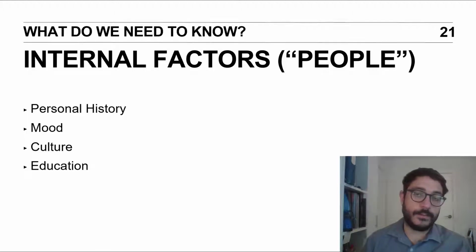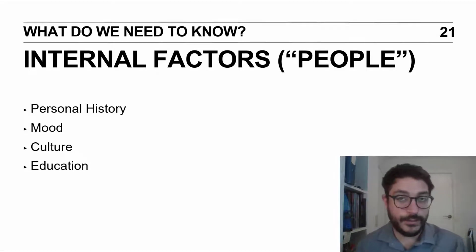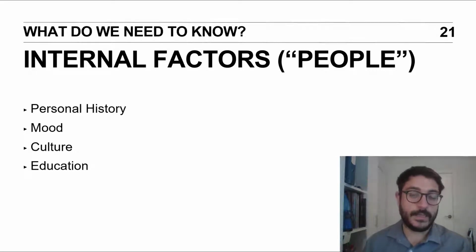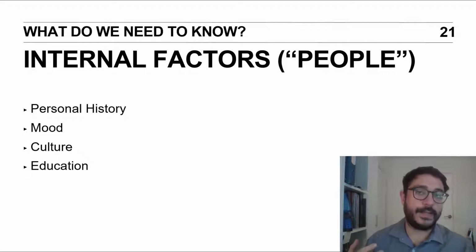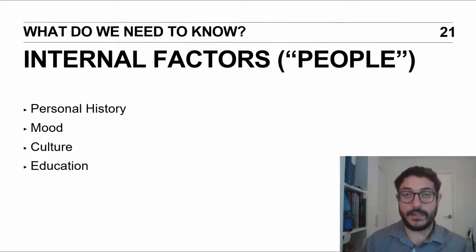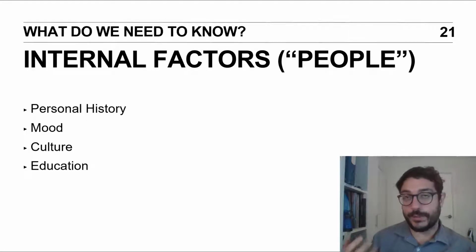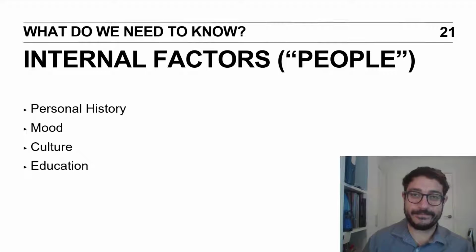Think, for example, if you are building something that has a lot of references to motherhood or to children, and think if, for an unfortunate event, the first user that you get is a woman who cannot have children.